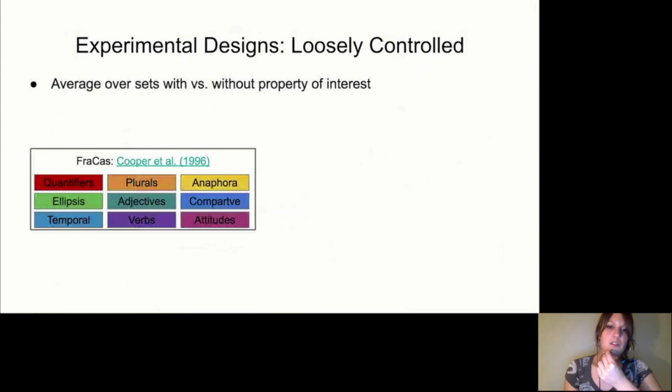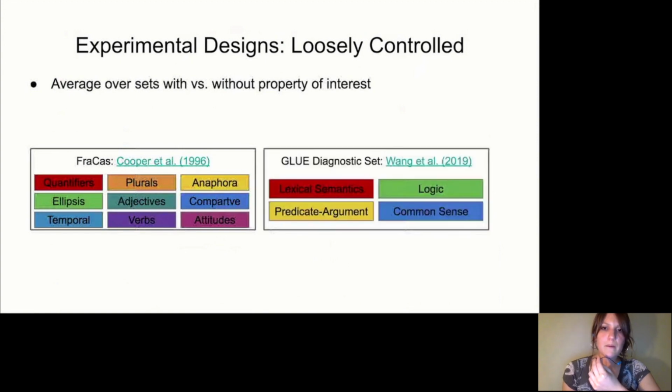And that gives you some notion of how well it's performing on these phenomena, even if you can't really make strong causal inferences about whether these phenomena are causing the failures.